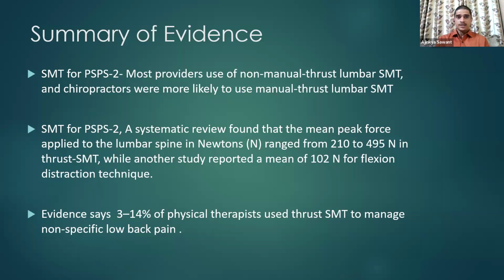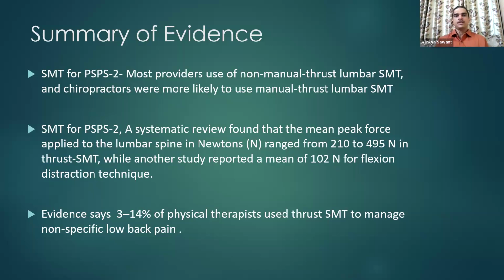Spinal manual therapy for PSPS-2: a systematic review found that the mean peak force applied to the lumbar spine ranged from 210 to 495 newtons in thrust, while in another study on spinal manual therapy a mean of 102 newtons was reported for the flexion distraction technique.